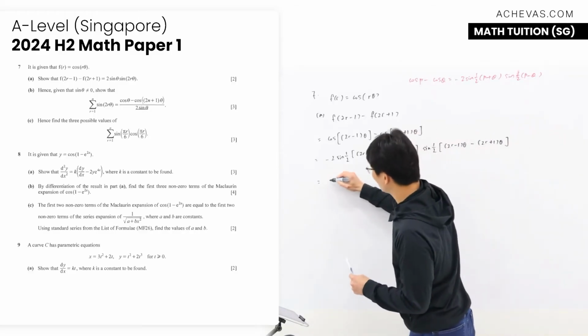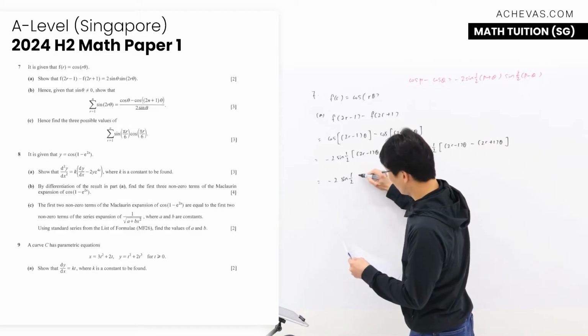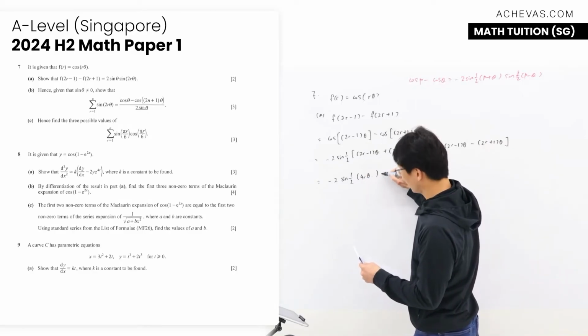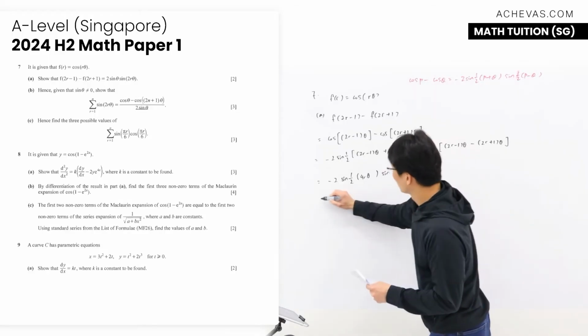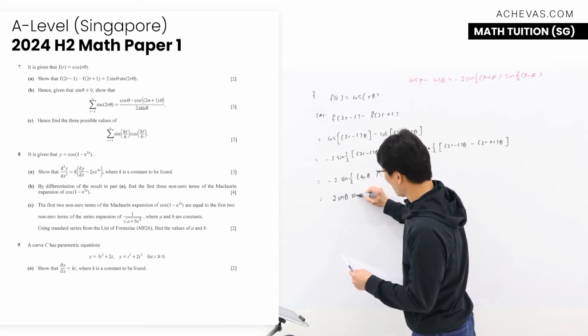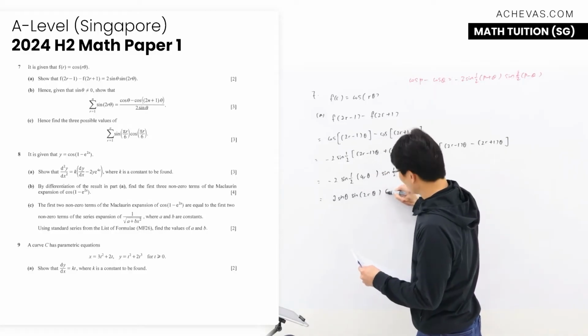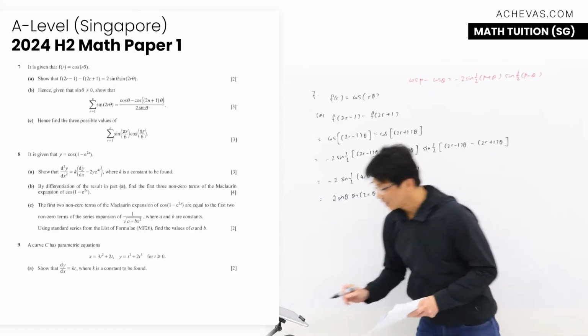Doing a bit of simplification, I will get equal to minus 2 sine half 4r theta, sine half minus 2 theta. And finally, we will arrive with this expression which I'm required to show. That will be my part A.